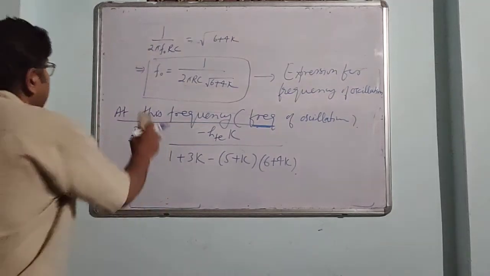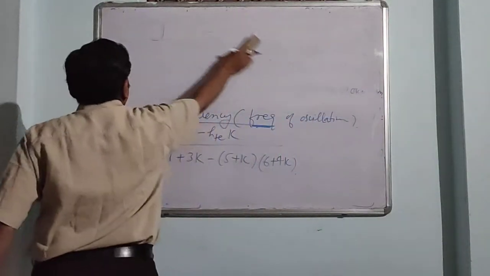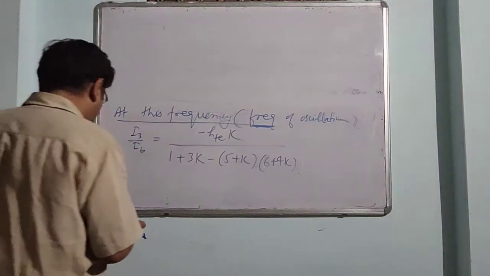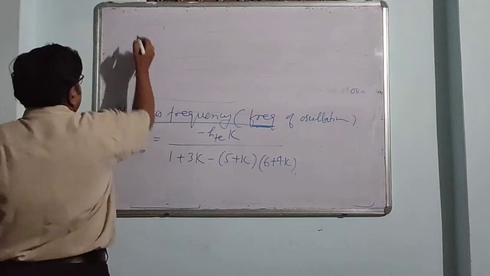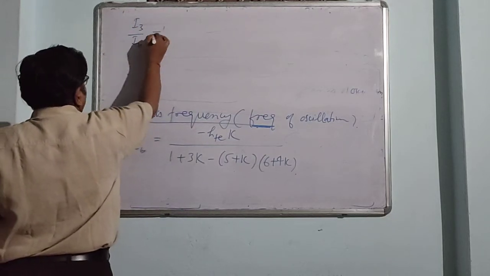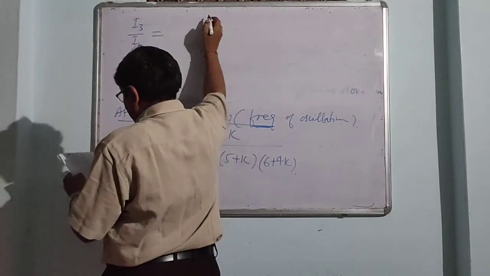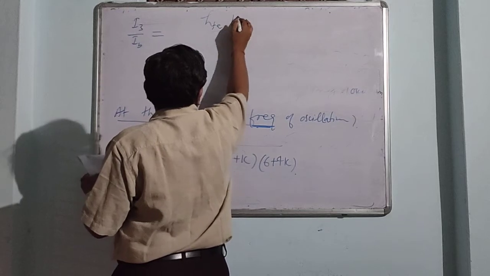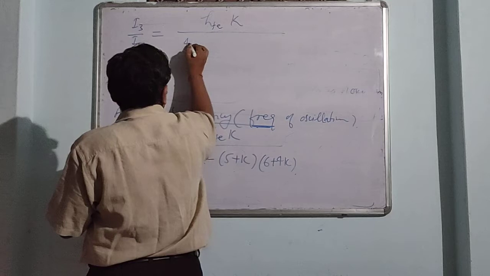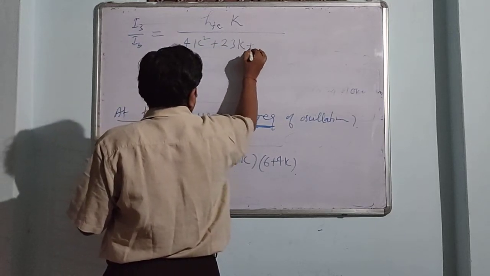So next, after solving, you will get, again this is assignment for you, you can solve and check. This is hFE k whole divided by 4k square 23k plus 29.